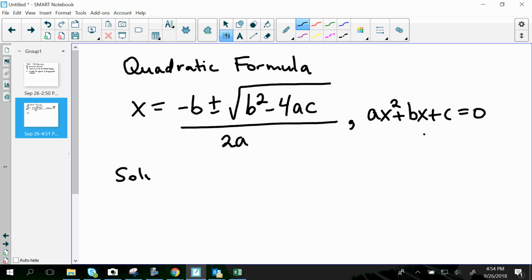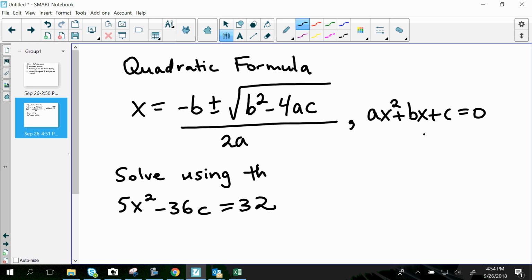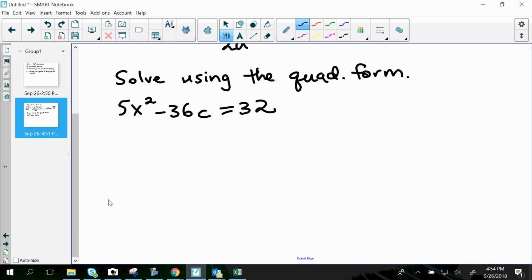Solve 5x squared minus 36x equals 32. And we're going to solve it using the quadratic, I'm just going to abbreviate, formula. So that is actually what we are asked to do, that specific way.